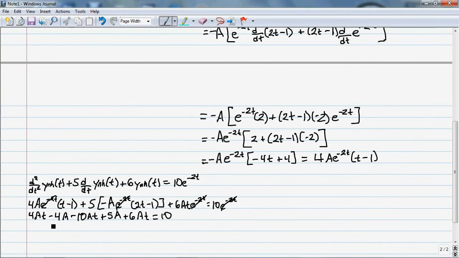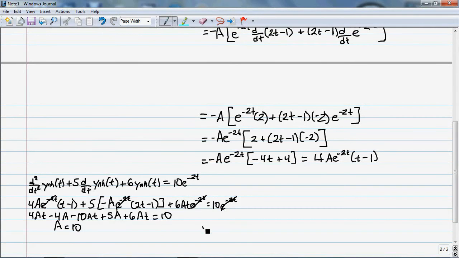Now we can just simplify. Notice that the 4at and the 6at and the minus 10at are going to cancel. And we have plus 5a minus 4a, so that leaves us with 1a equals 10.